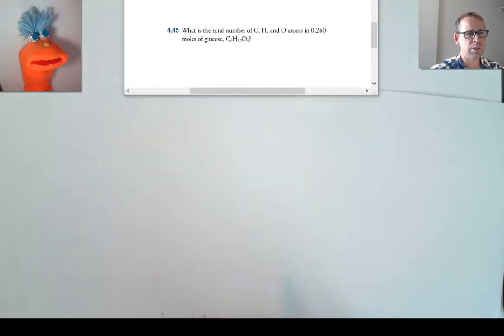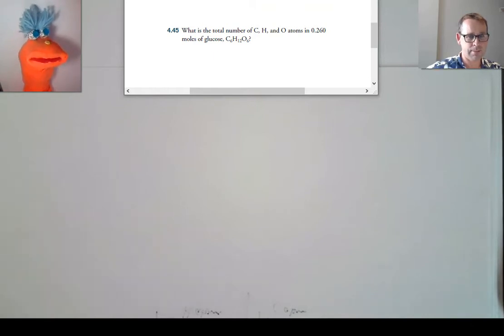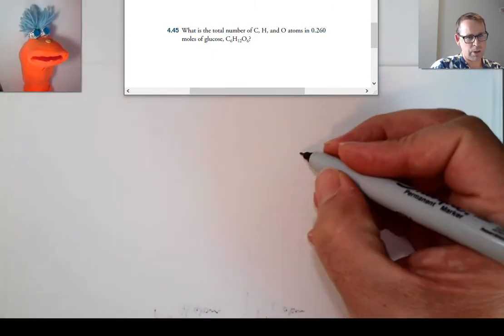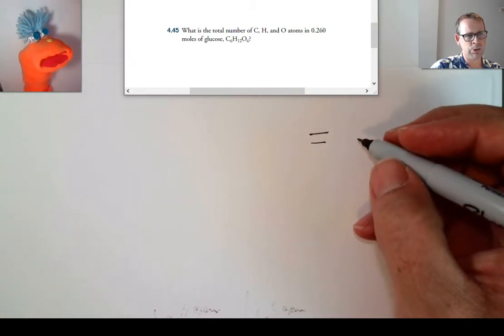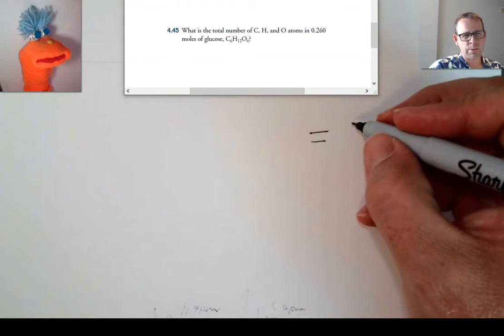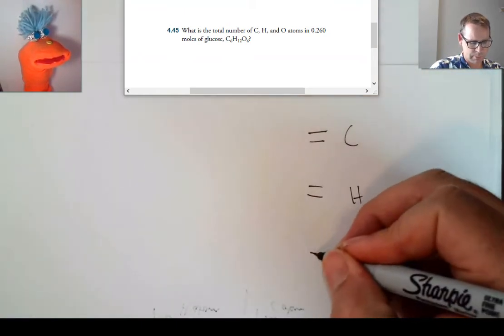Good. What's the total number of carbon, hydrogen, and oxygen atoms in 2.60 moles of glucose? Whoa, that's a lot, right? Yeah, so what goes to the right of our equal sign? What are we looking for? Total number of carbon, hydrogen, and oxygen? All right, so I kind of think that this needs to be 3 separate problems to simplify it for ourselves.